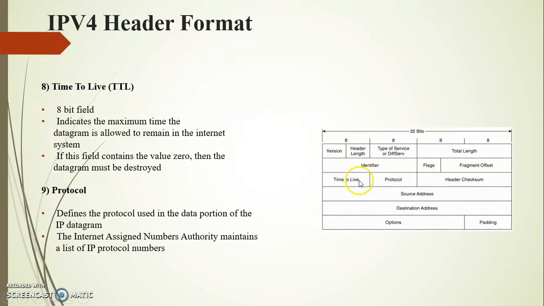Here is the time to live field, which is 8 bits. Then the protocol field defines the protocol using the data portion of the IP datagram, that is, the type of protocol being used, for example UDP or TCP. The Internet Assigned Numbers Authority maintains a list of IP protocols. Here you can see the protocol field.